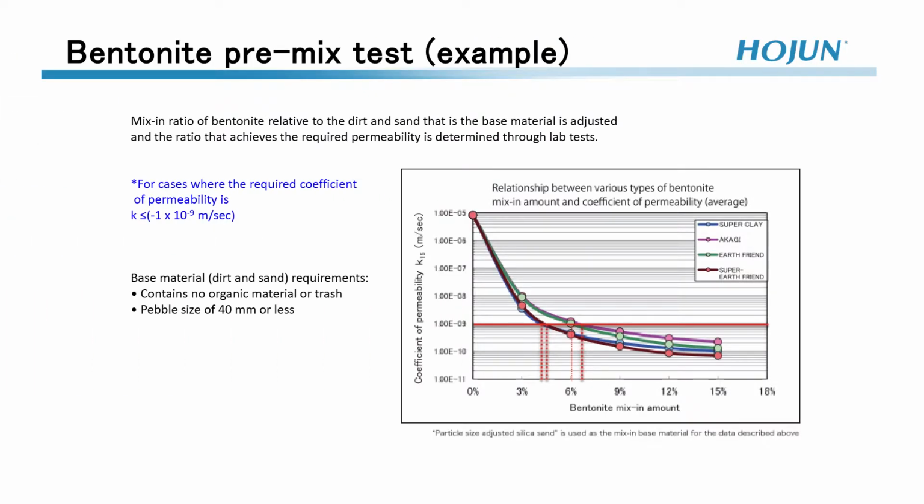The additive ratio for satisfying the required coefficient of permeability is thus determined. Property and permeability tests of the bentonite mix created using this additive ratio are performed to determine the amount to be added and level of control needed at the site.